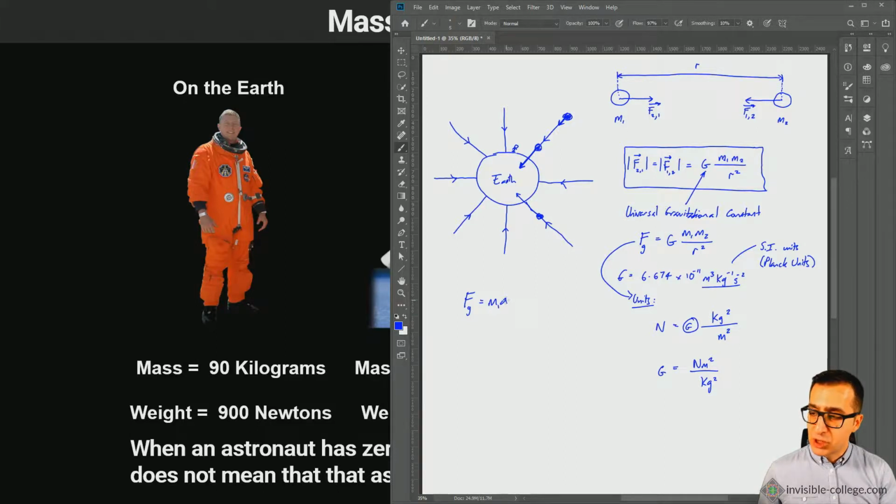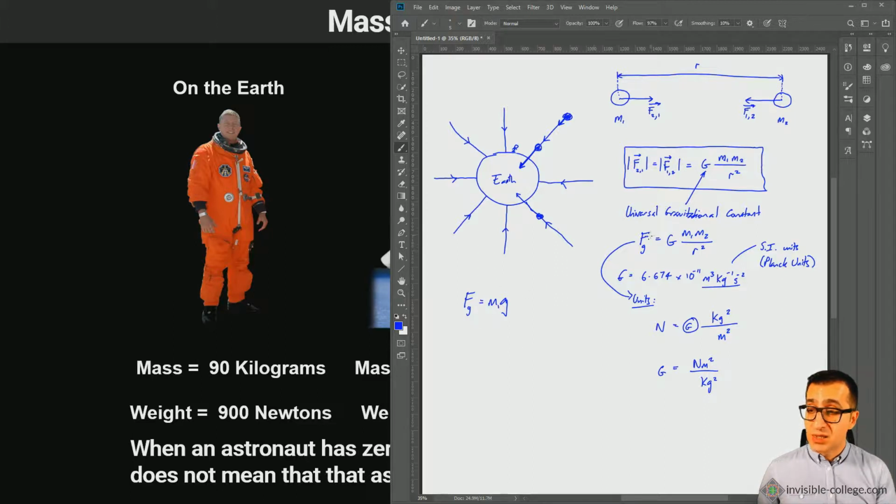So this is going to be g in this case. Now, Newton's law of universal gravitation also gives us an equation that will allow me to calculate the force of gravity, my weight, according to the gravitational constant, and my mass and the Earth's mass, m2, and the distance between my center of mass, which is located somewhere near my belly button, and the surface of the Earth. That's going to be r squared in the equation.